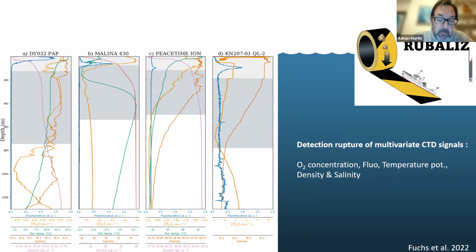Sure. Hi. Yeah, thanks for the great talk. I agree, this is a really important question. I have one question on the timescales. My intuition is that the vertical profile of oxygen corresponds to longer timescales than the vertical profile of chlorophyll fluorescence, if we think of a region with a seasonal cycle. And maybe salinity, even longer timescales.